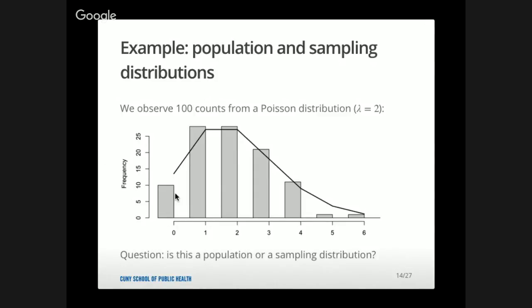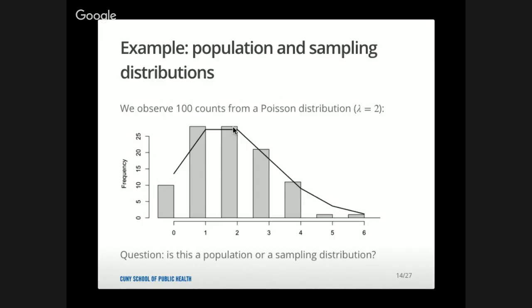On 10 of them, there were 0 calls. On 27 of those days, there was just 1 call. So I thought that every single bar was 100. Yeah, oh, okay. Sorry about that.